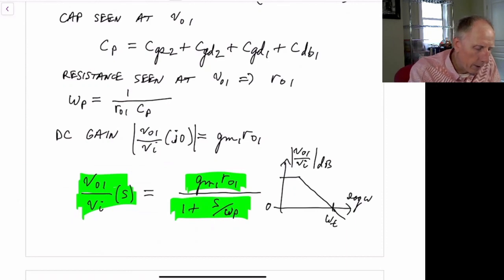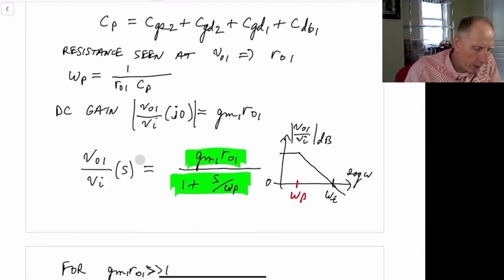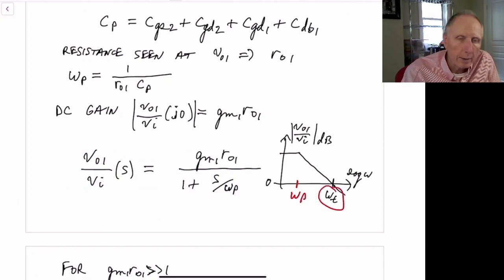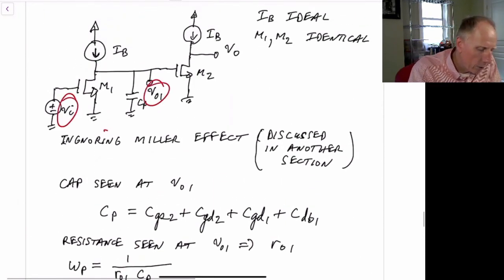So our omega P would be showing up right here. But we're really interested not in omega P, but in this frequency here. We'd like to know, when does the gain of this transistor become less than 1? So that's our unity gain frequency for this circuit from here to here.